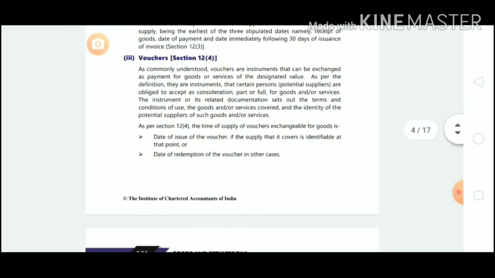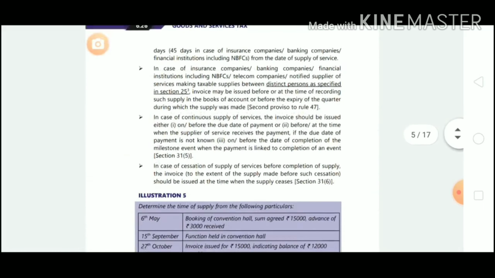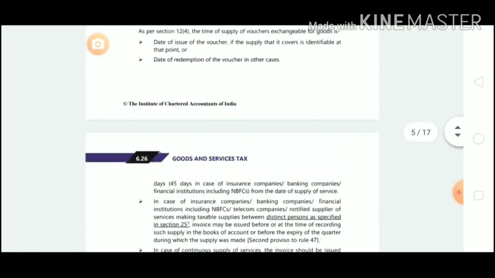Skip this one. Now straight away come to illustration 5.